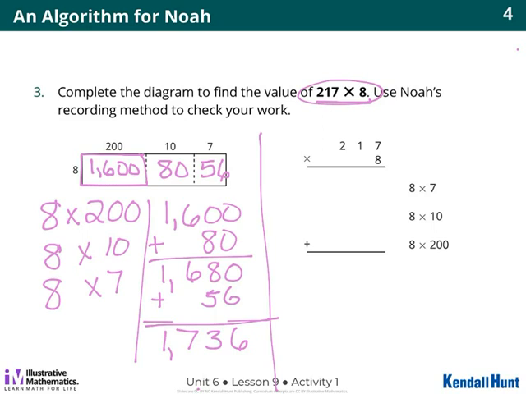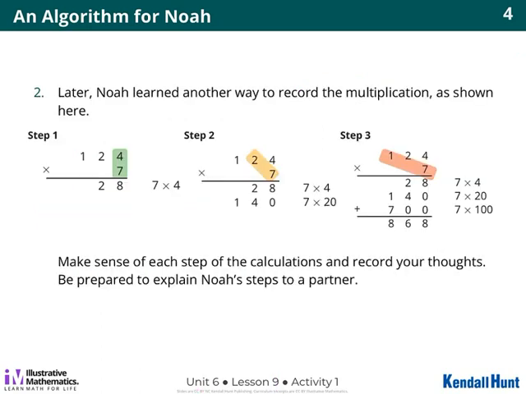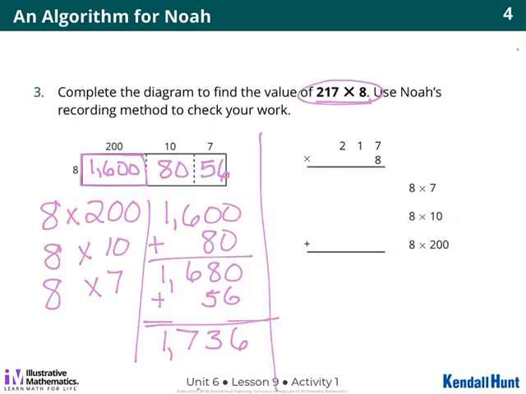Then Noah has his method where he's recording it differently. Okay? So if I'm using his method, they gave you hints over here. So if I'm using his, I start with the ones place. What is 8 times 7, everybody? 56. So I'd write 56. And then he did 8 times 1.